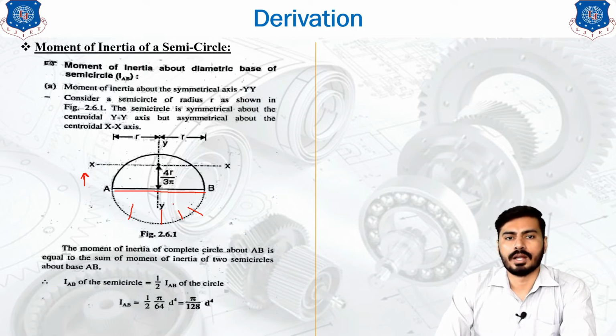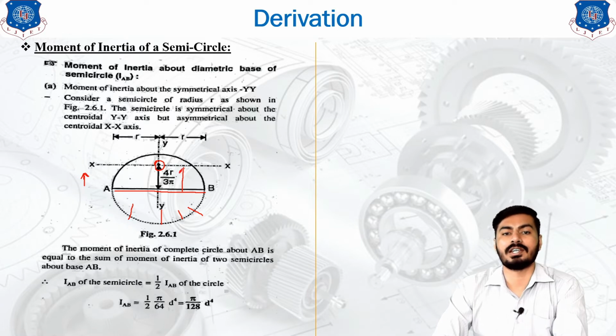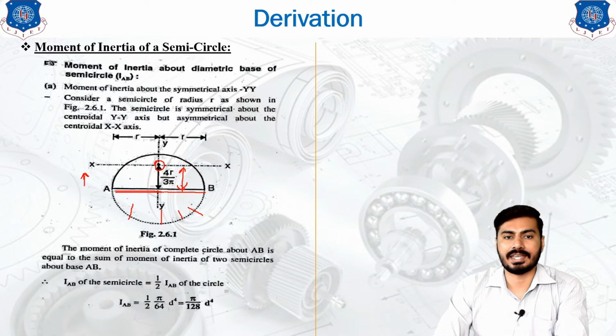What will be the centroid of a semicircle from the base? The centroid will be at this particular point, which is at a distance from the base of 4r upon 3 pi. This is the basic formula of the center of gravity or centroid, and now we will utilize this formula to calculate the moment of inertia about the base axis, the AB axis.